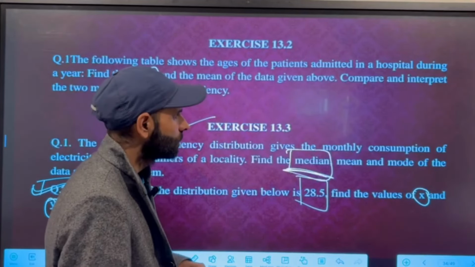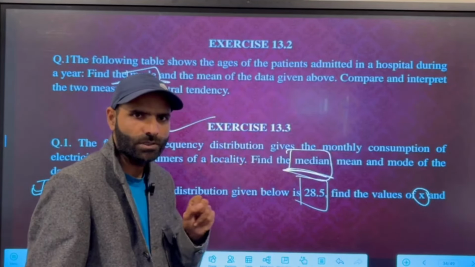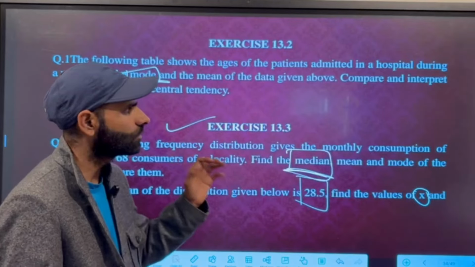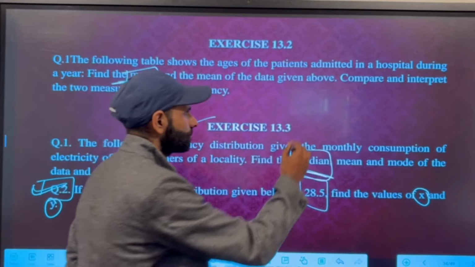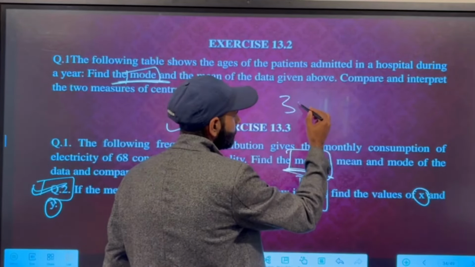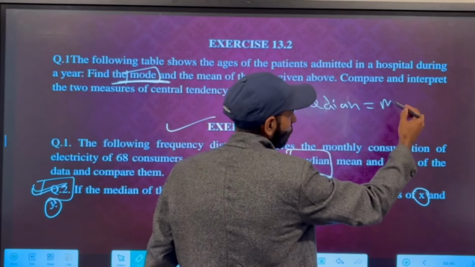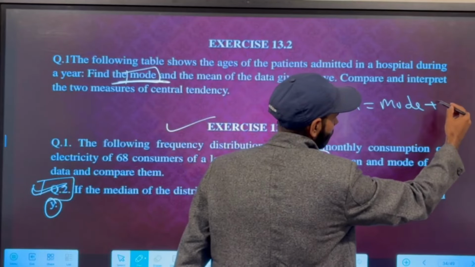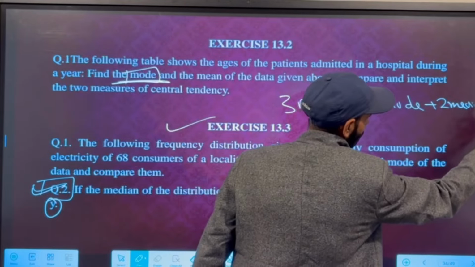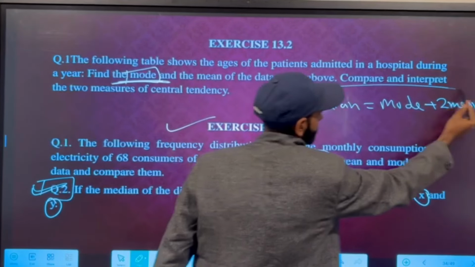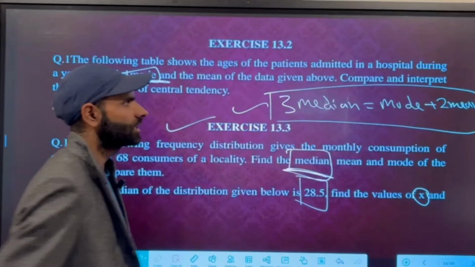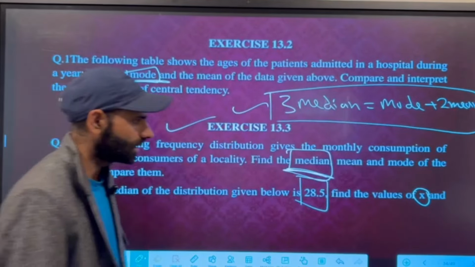And most important, you will know about the empirical relationship between mean, mode and median. That is 3 times median is equal to mode plus 2 mean. Questions may be asked from this relationship. 3 times median equal to mode plus 2 mean.